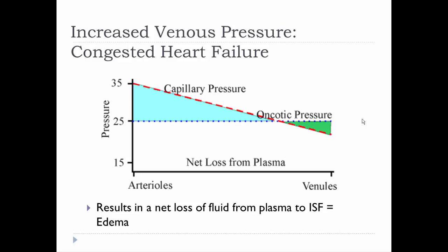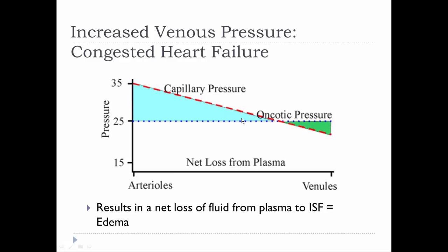If I get this backlog of blood in the lungs, that builds up pressure in the lungs. So there's the increase in venous pressure that I'm talking about. It's this tie up of blood in the pulmonary veins, increasing the venous pressure in the lungs. Okay, so that's the scenario that we have here. I've got normal arterial pressure at the arterial end, but I've got a higher venous pressure.